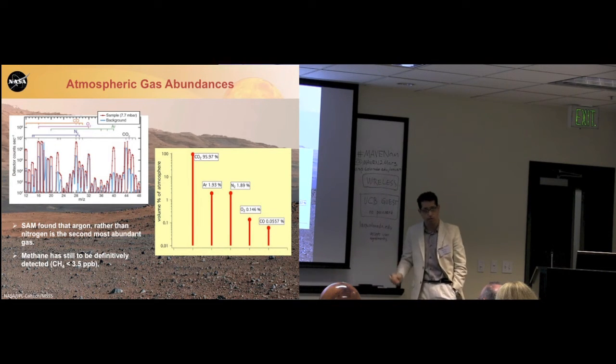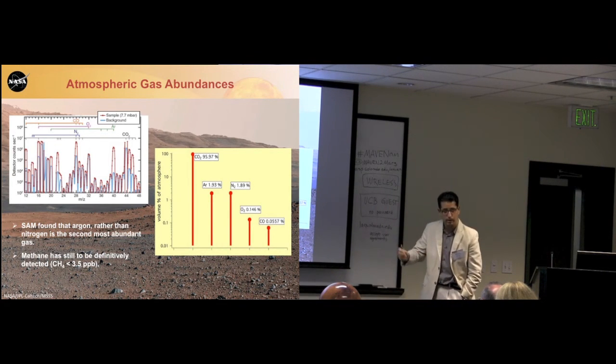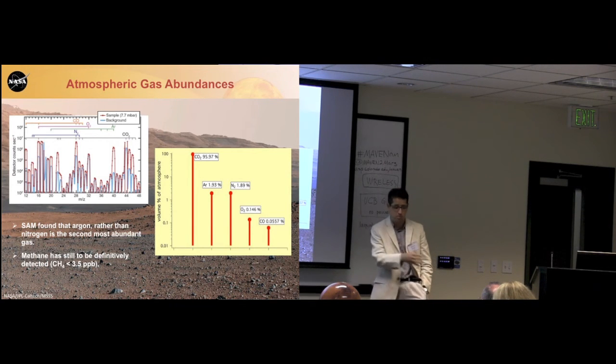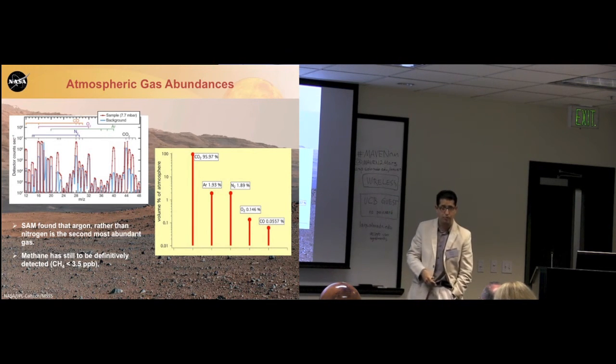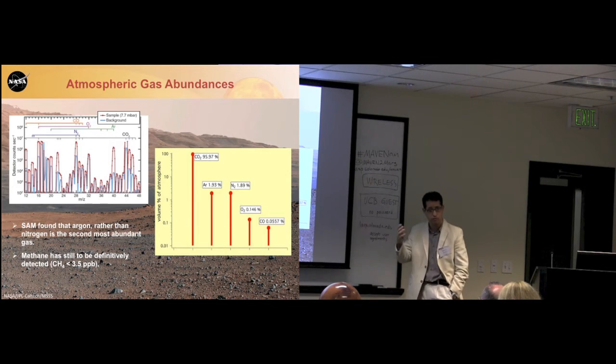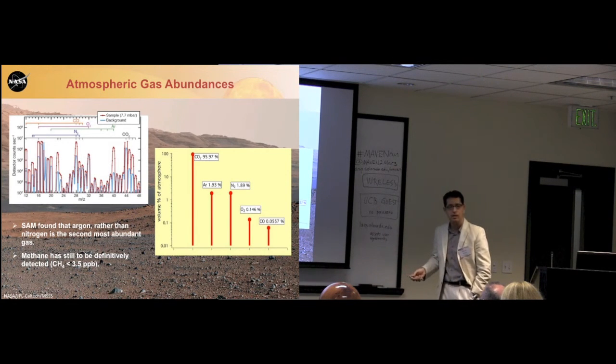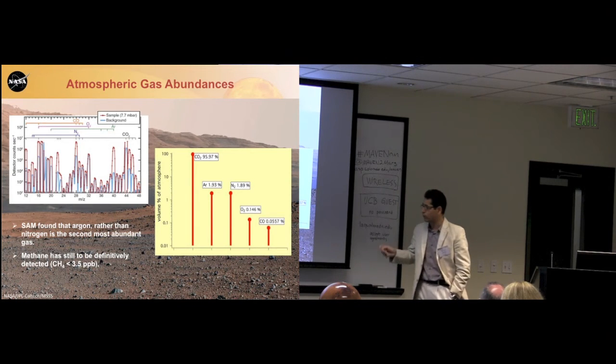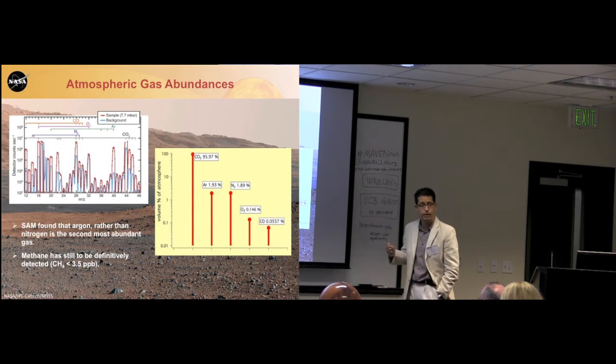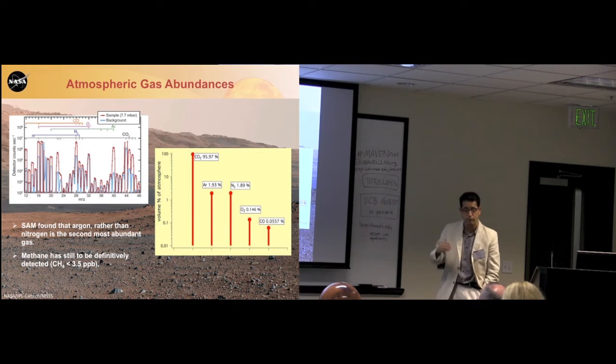Maybe it's a seasonal thing. Maybe it appears somewhere in the Martian year and then gets captured in another reservoir for the rest of the year, and so you have to wait. So we'll be tracking this measurement for the rest of the mission and see if we can actually detect methane and if we can pinpoint it to some origin.